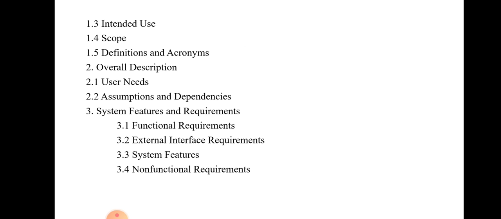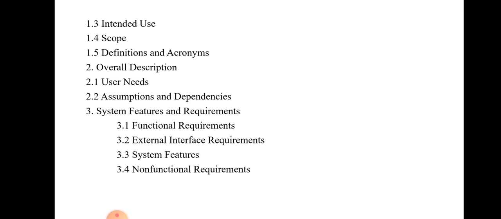Then we specify the scope of the product. Scope is the goal, the use, and the advantage of the particular process, product, or system. Then we define the definitions, acronyms, and abbreviations. And finally, we give the overall in-depth description of the product.